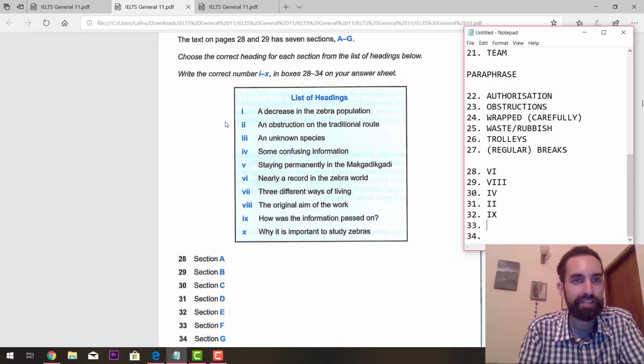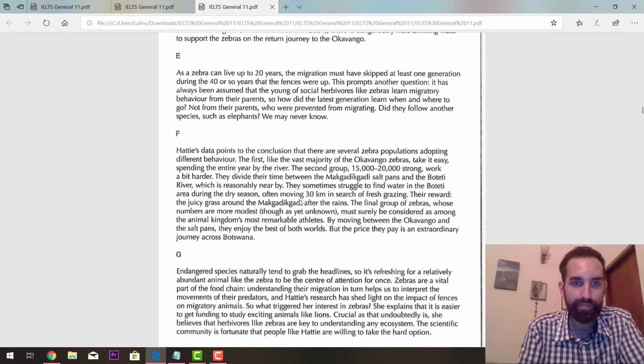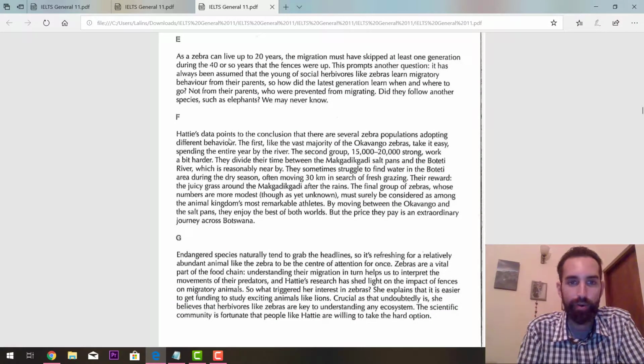Okay, so that's section F. Let's go to that. Hattie's data points to the conclusion that there are several zebra populations adopting different behavior. The first, like the vast majority of the Okavango zebras, take it easy, spending the entire year by the river. The second group, 15,000 to 20,000 strong, work a bit harder.